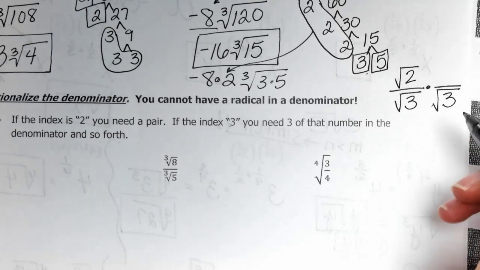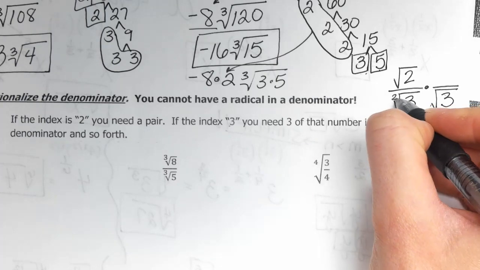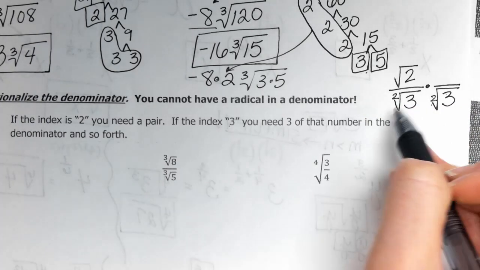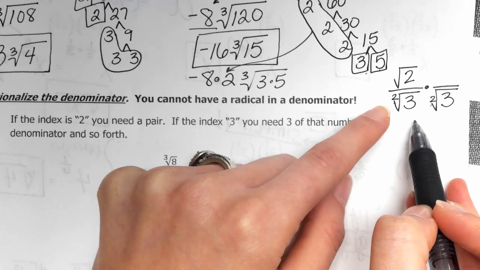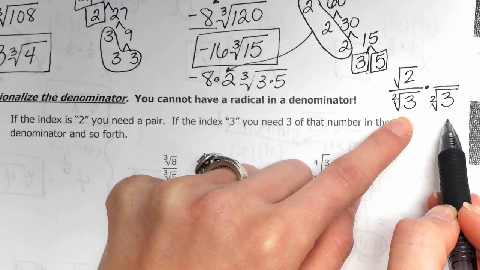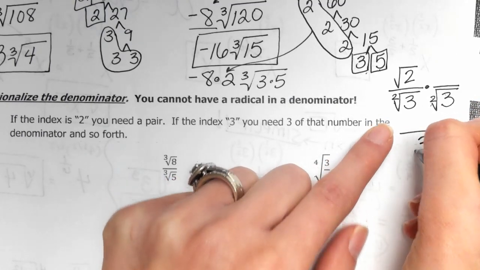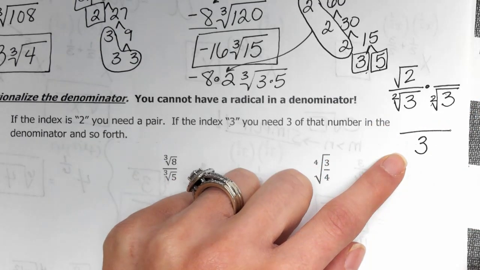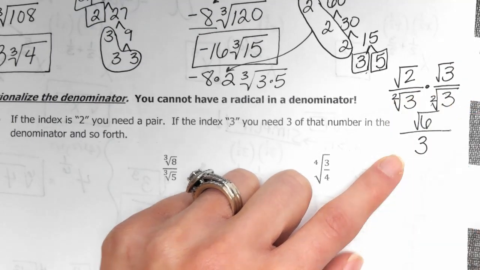Okay. The reason you do that is because this index is really a 2. So your index is telling you you need 2 of the same number. I have 1 3, so I multiply it by itself because there's my 2 3's, and my denominator becomes 3, right? Okay. And this becomes square root of 6 because you just multiply.